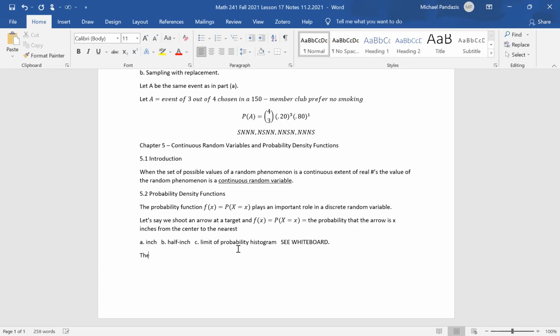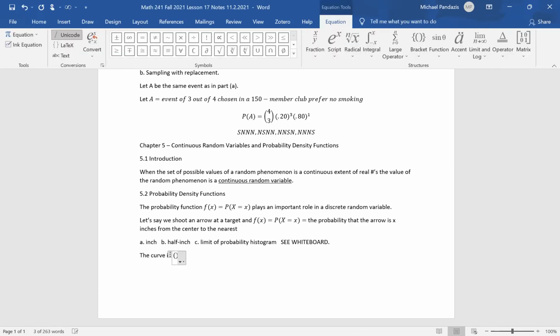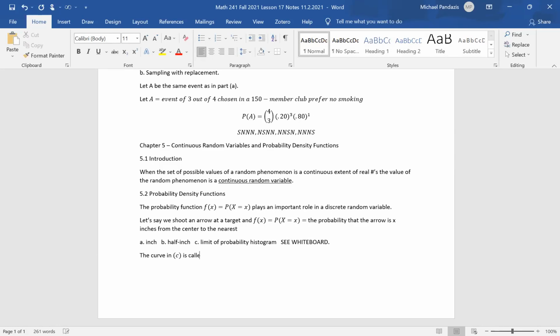Okay, so the curve in part C is called the probability density curve of the random variable capital X, and is the limit of the histograms of the corresponding discrete random variables.